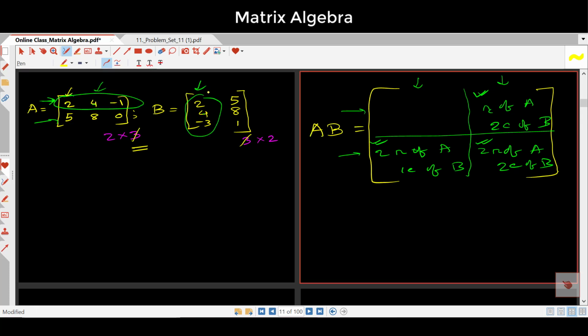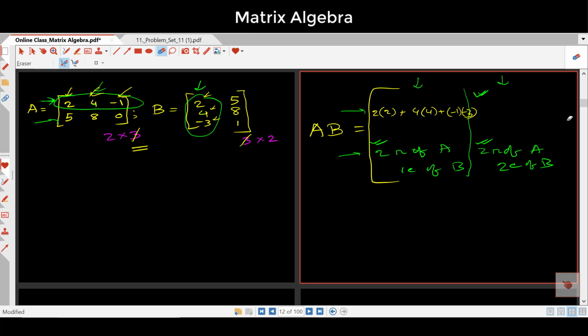So first entry 2 times 2 plus second entry 4 times 4 plus third entry minus 1 times minus 3. So this is how you have to do the calculation. Now here what do we have to do? We have to similarly calculate.